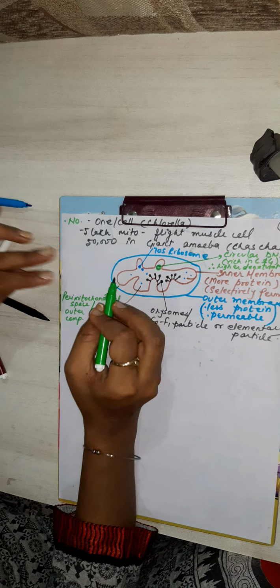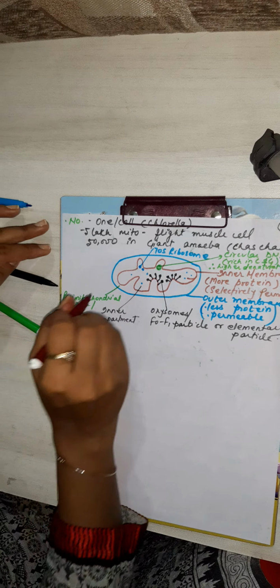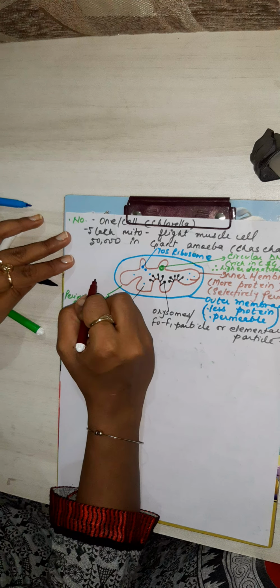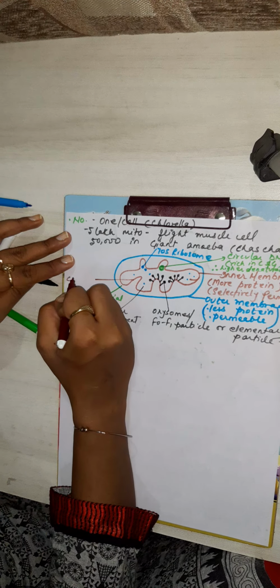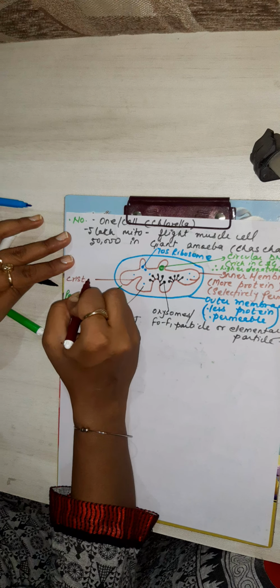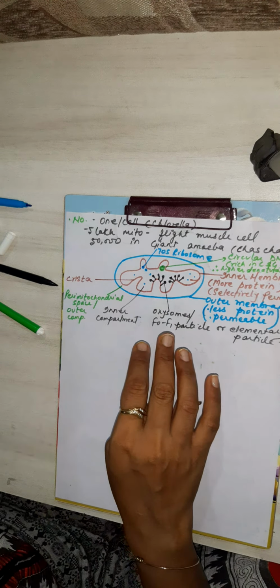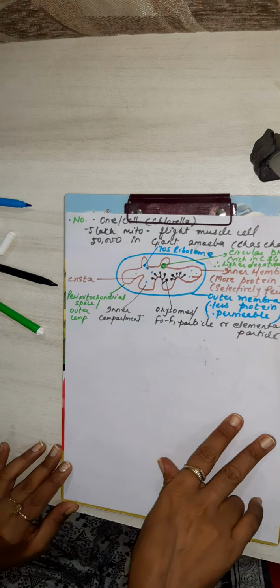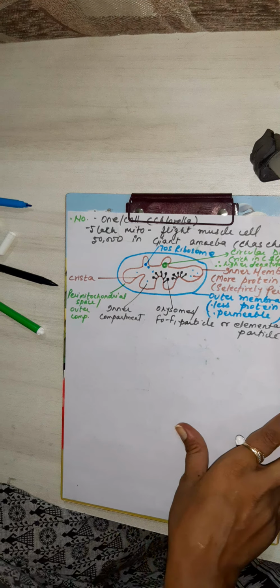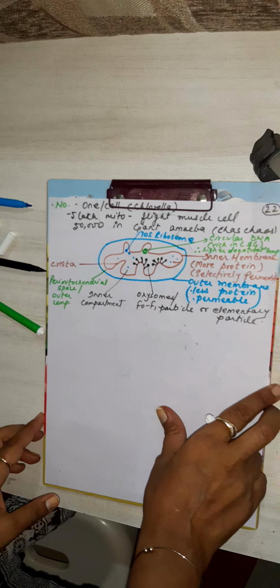And this folding is known as crista. Very important. So this is the structure of mitochondria.